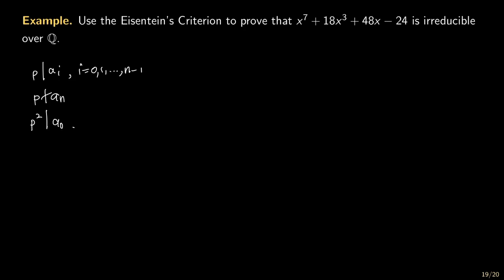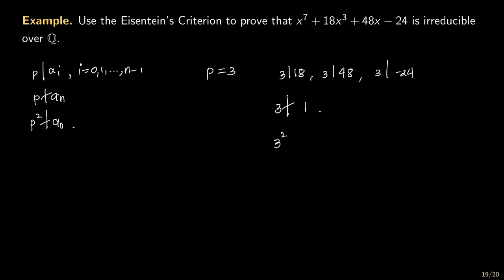So what P is possible? Right, 3. If you select P equal to 3, as you can see, 3 divides 18, 3 divides 48, and 3 divides negative 24. And 3 does not divide the leading coefficient, which is 1.